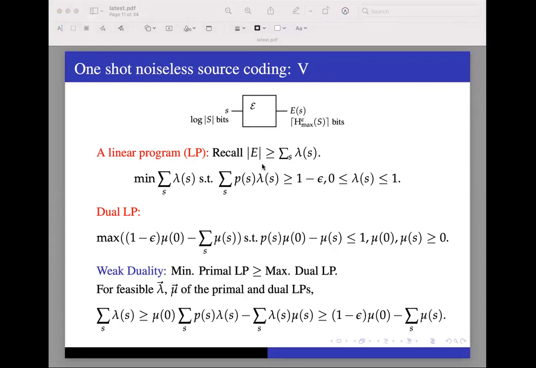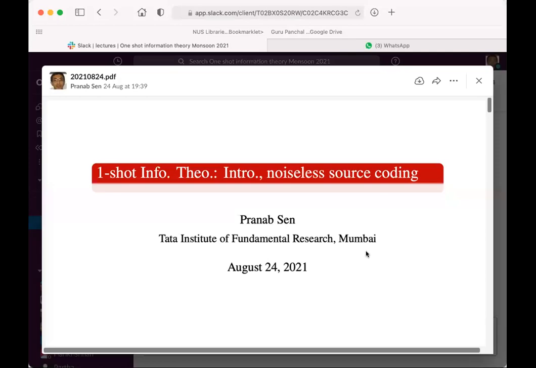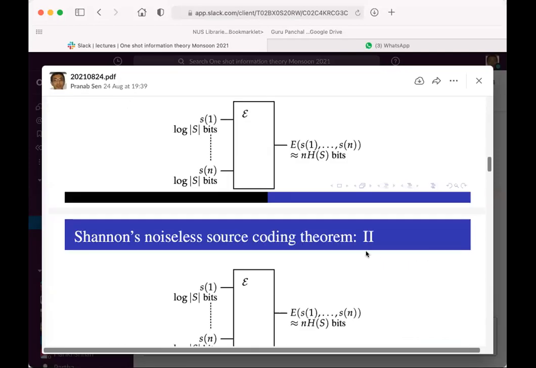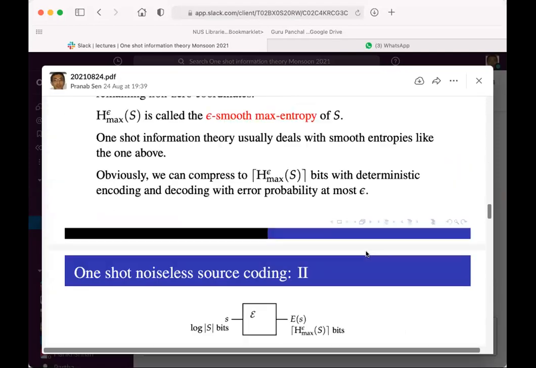Let me pull it out from the Slack channel, and I will display that. Let me share something else. You can see this now, right? Yeah.